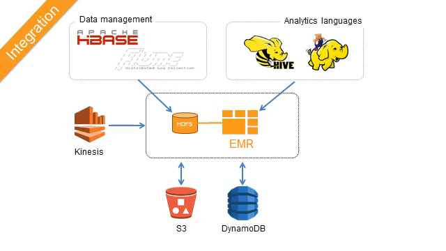Next, you have a set of analytics languages and tools that are available. And here you're looking at Hive and Pig. So these are tools for using query-style languages on top of an elastic MapReduce cluster.